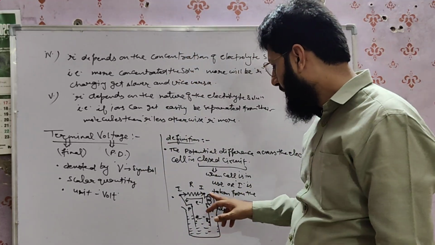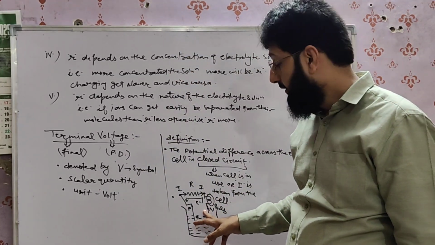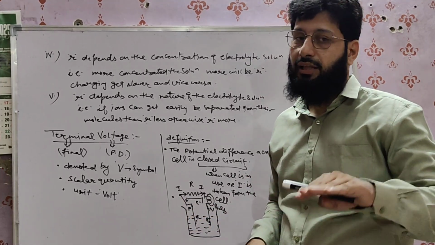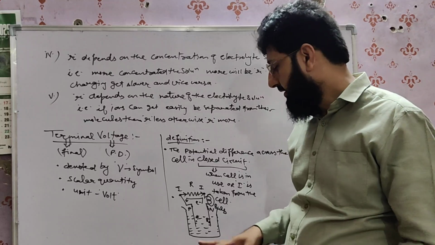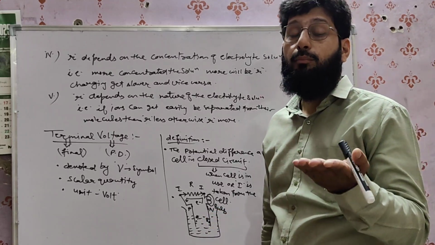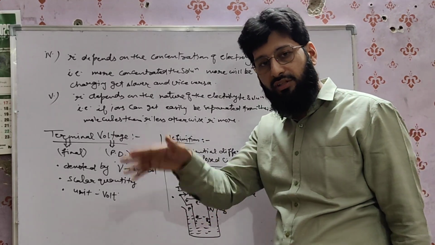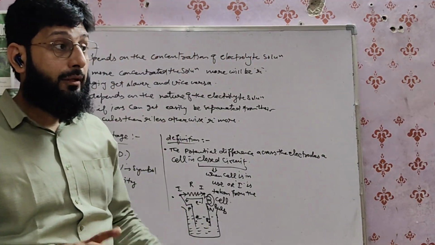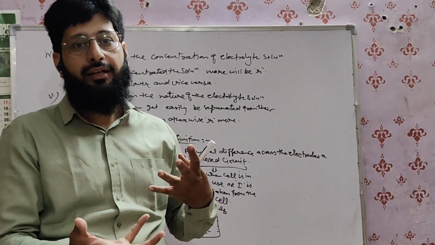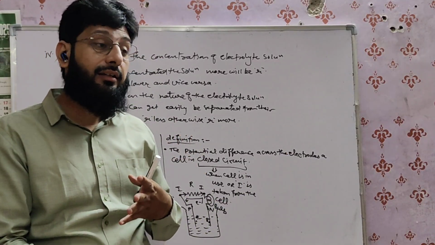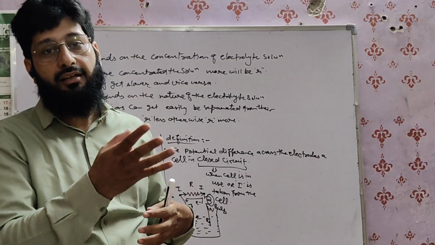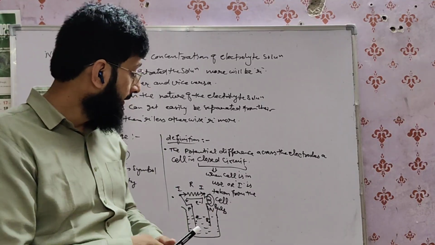When you connect this wire to the negative electrode and this end to the positive electrode, due to the positive electrode there is less negative charge, and due to the negative electrode there is more negative charge, so electrons will start moving from one end to the other. Due to this accumulation, definitely an electric field is there, because charge is there, electric force is there, work is there, and that is the potential basically.